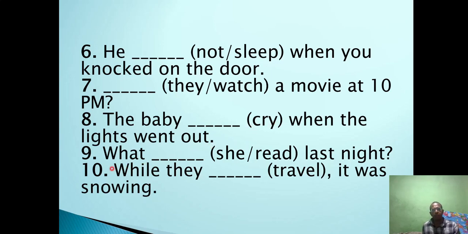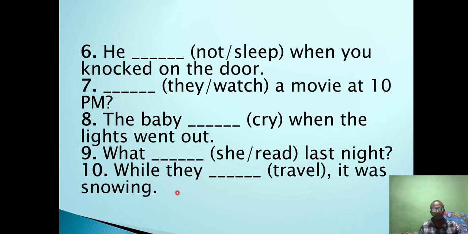Number nine, what blank bracket she slash read last night question mark. And number 10, while they blank bracket travel, it was snowing. Please take some minutes and try to give an appropriate answer for the questions. I will give you a minute.